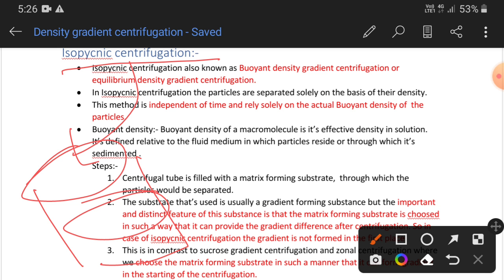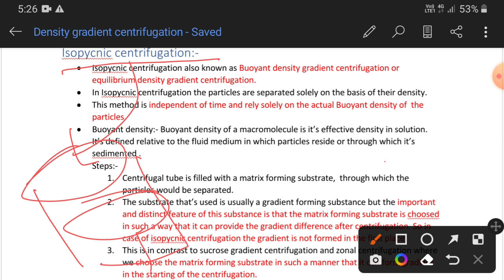That is why you will get your gradient after centrifugation. That is the difference between isopycnic centrifugation and rate zonal centrifugation. Because in rate zonal centrifugation we have seen that the gradients form before centrifugation and we use that gradient to do our centrifugation job, but here we will have the isopycnic gradient after centrifugation.